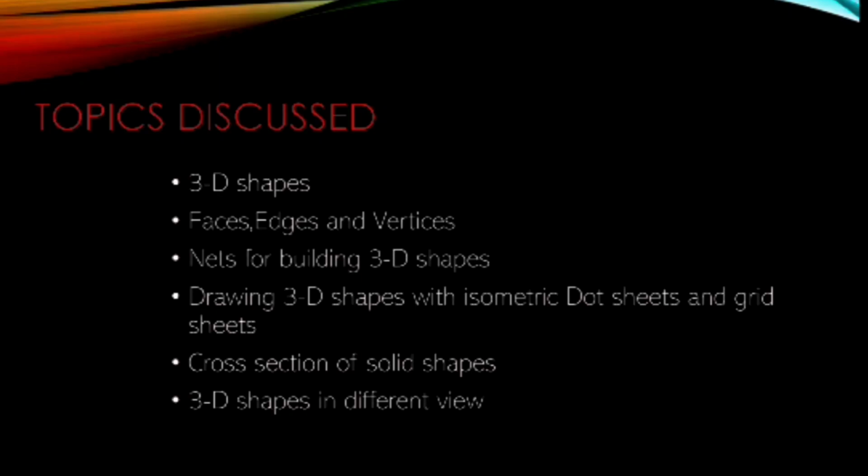We learned about faces, edges and vertices, and nets for building 3D shapes, that cuboid box which we got from the bakery, and drawing 3D shapes with isometric dot sheets and grid sheets. Then cross section of solid shapes, and finally we have seen 3D shapes in different views.